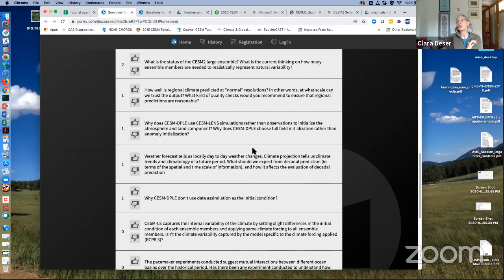Meaning, if you're interested in mean fields, say averages over 30 years, you may need fewer ensemble members. If you're interested in year-to-year variability, you will need more. If you're interested in extreme events, the tails of the distributions, especially at smaller scales, you're going to need even more ensemble members to be able to characterize the internal variability, and also if there's a forced response in the internal variability. So I would point you to his paper.